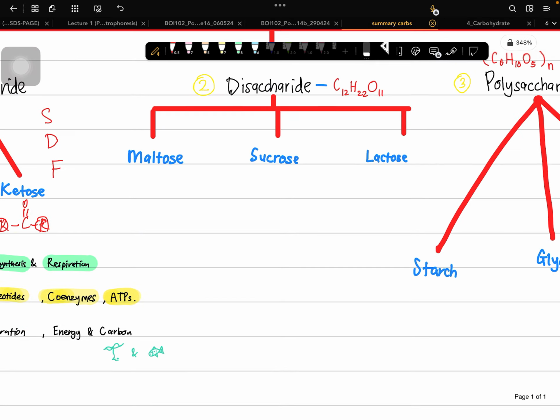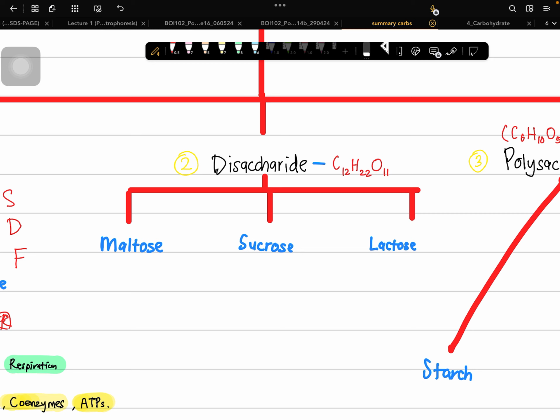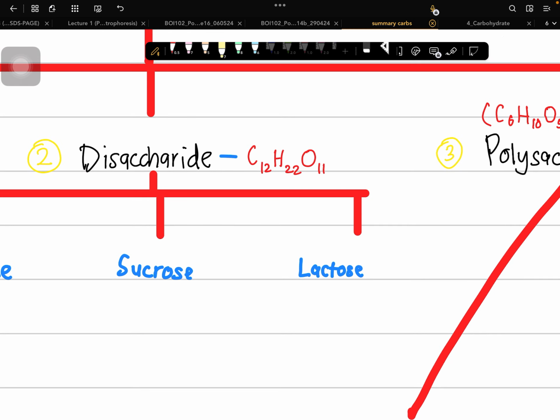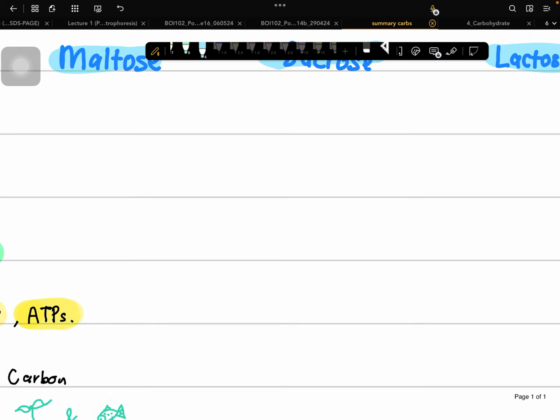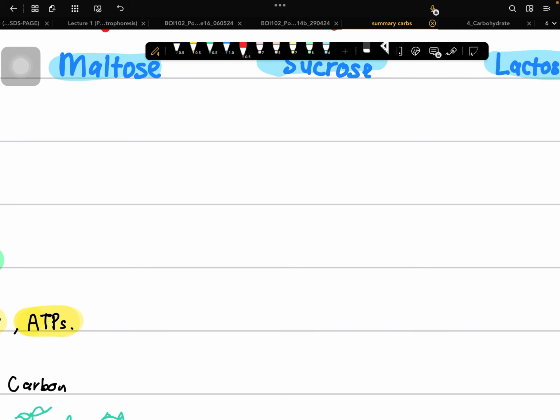Next we will move on to the disaccharides. A disaccharide has a molecular formula of C12H22O11, and there are three very popular examples. The first one is maltose, sucrose, and lactose. I'm going to share with you how to remember these by acronyms.